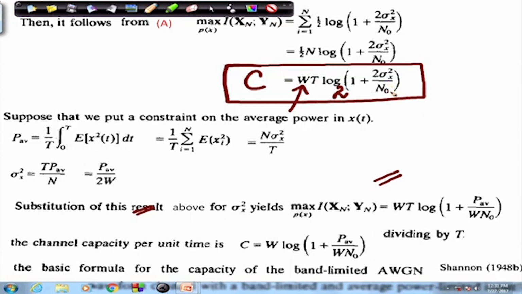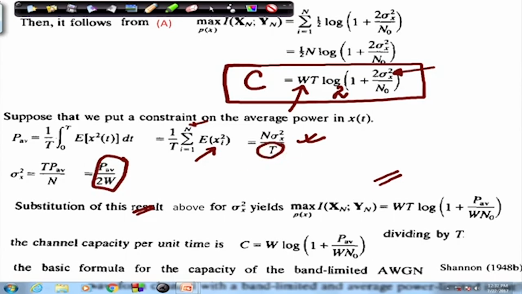And sigma x squared, that is the transmit variance, one could calculate as 1 upon T, integral 0 to T, expected value of x squared of t. So, this will be 1 upon T times a summation over x i, the constellation points. If there are N such possible constellation points, this is the result, and you could summarize it with the average power by 2W, because you have 1 upon T as W.